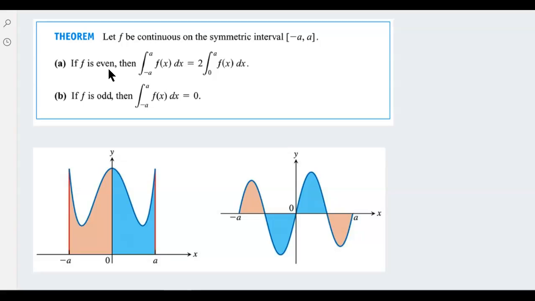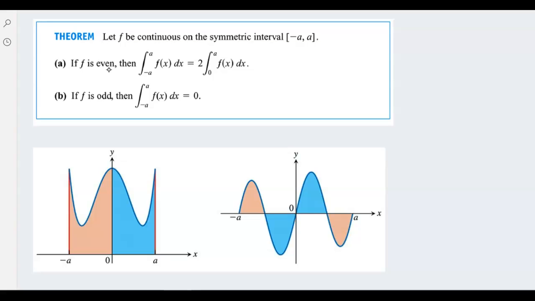And then the other one, an odd function, is symmetric about the origin. A way to think about that, two ways. One is that if I took the function and I reflected it over x and then reflected it over y, I would get the same thing. Or another way is to think about putting your finger on the center of the origin and spinning it around 180 degrees, and the function would look the same.